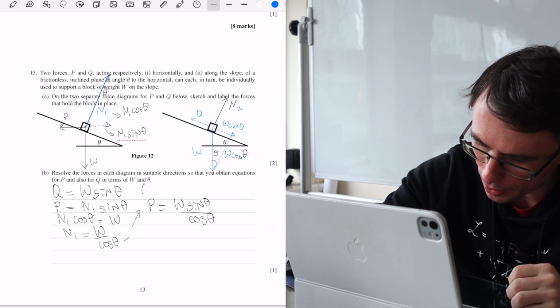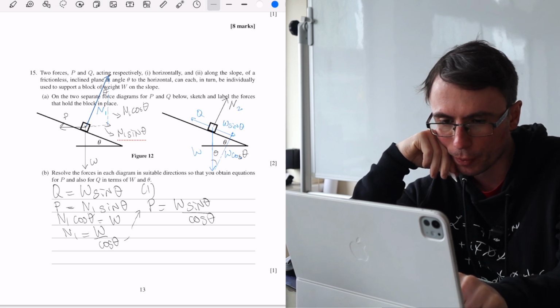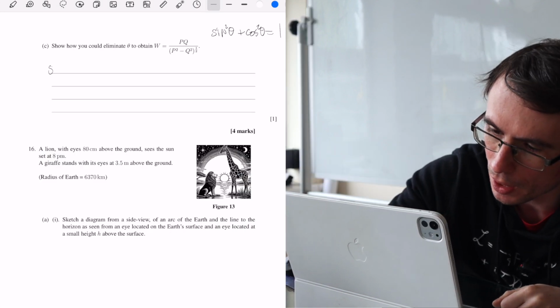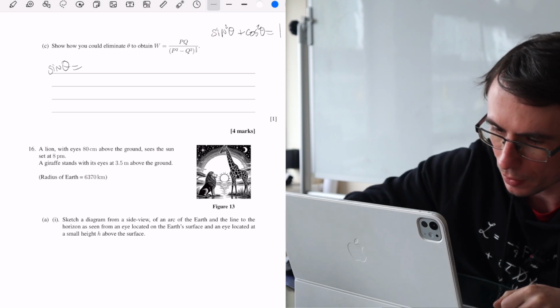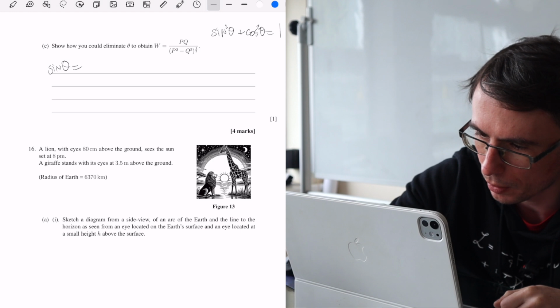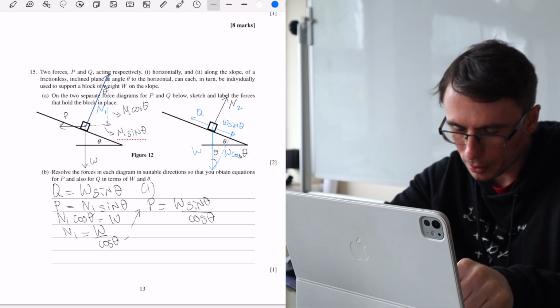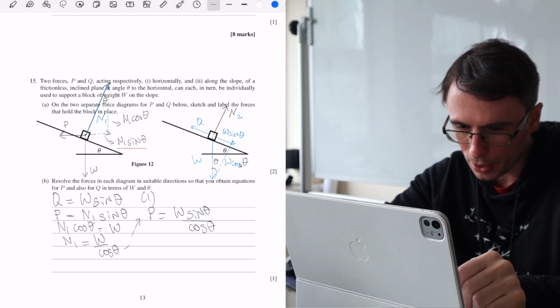So I'm going to take equation 1 and I'm just going to rearrange that for sine theta. So we're going to get sine theta is, what is it? It's Q over W. And then we can probably get an equation for cos theta.